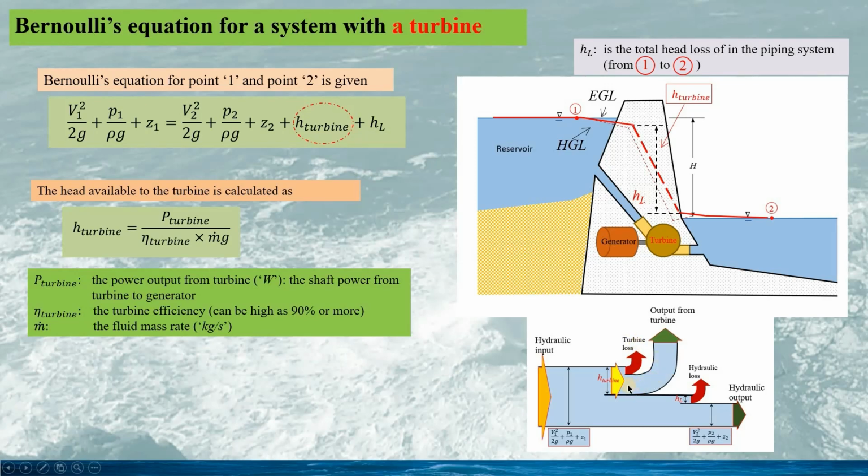And the majority of the head would become the power for the turbine output. And the rest of the hydraulic head would be the hydraulic output given here and the hydraulic loss HL here. So this part would correspond to the right-hand side of the modified Bernoulli's equation here.